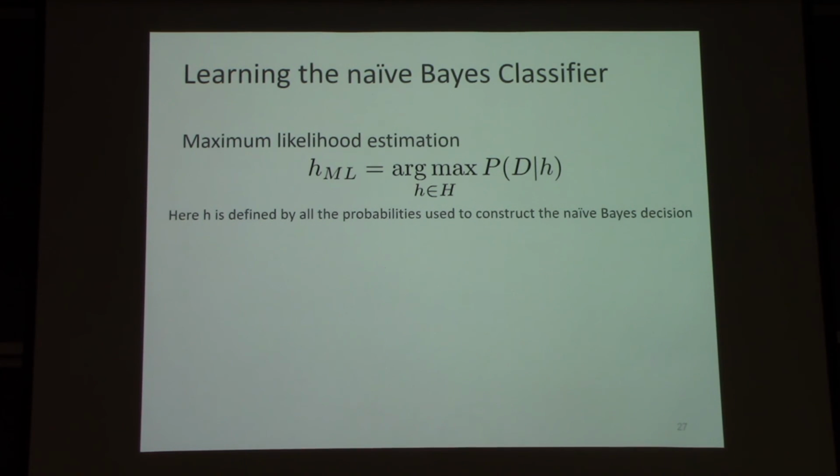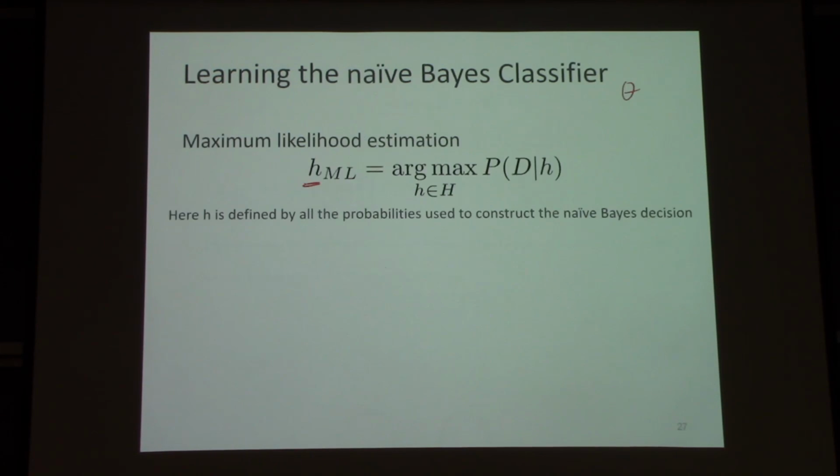And I use the notation H here to define the collection of all the probabilities that we want to compute. H is this bucket of all these numbers. If you read papers about this, typically for probabilistic classifiers, people use theta to define all possible parameters. I'm using H just to keep continuity from the rest of the semester.